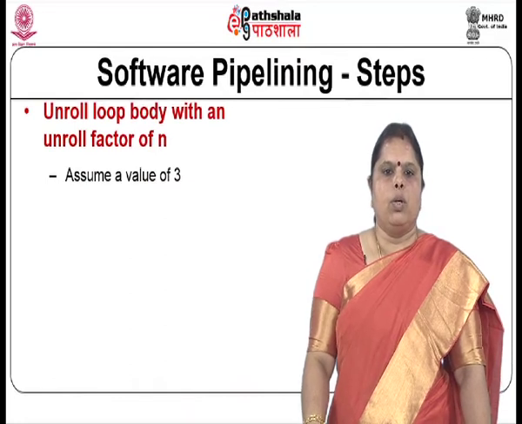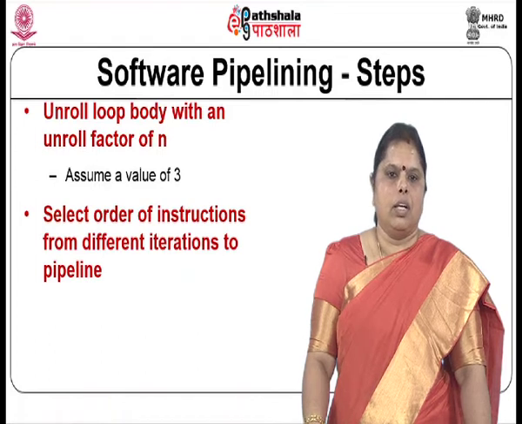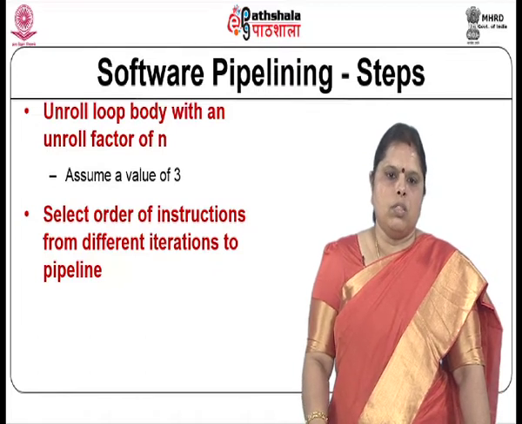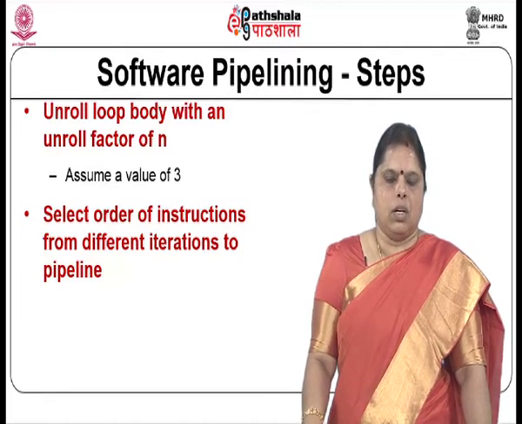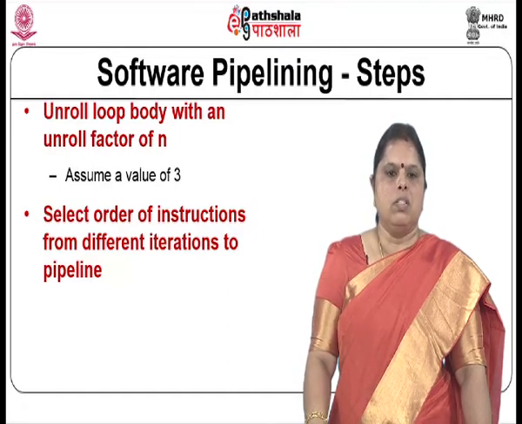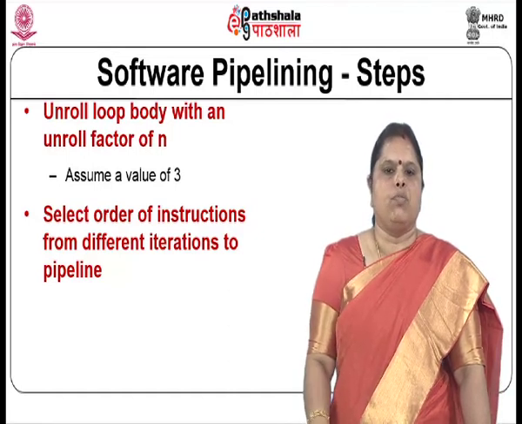We unroll the loop body with an unroll factor. Let us assume that we unroll it 3 times. The same concepts of unrolling that we discussed earlier hold good, and then we select the order of instructions from different iterations to form the pipeline.